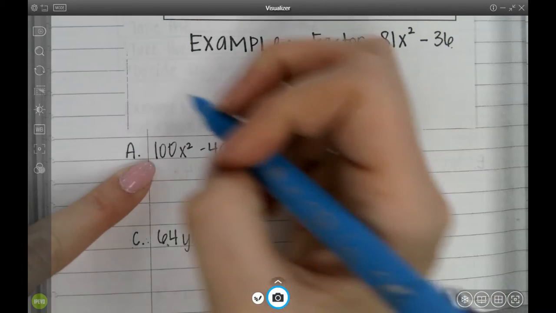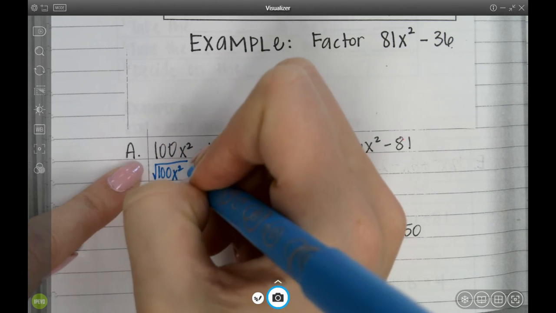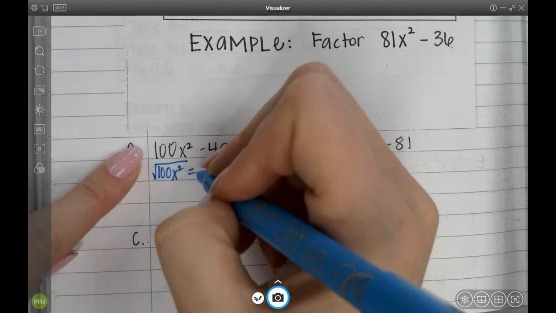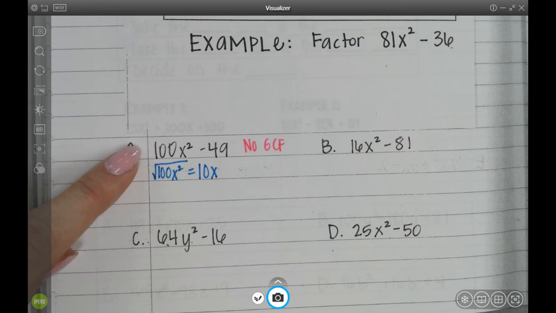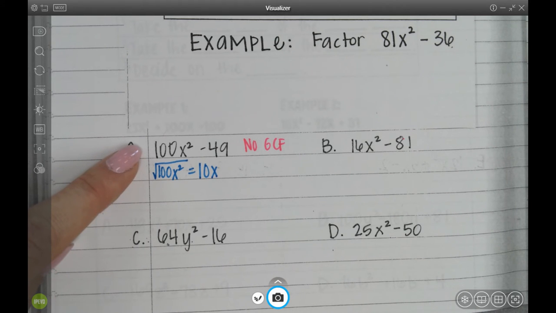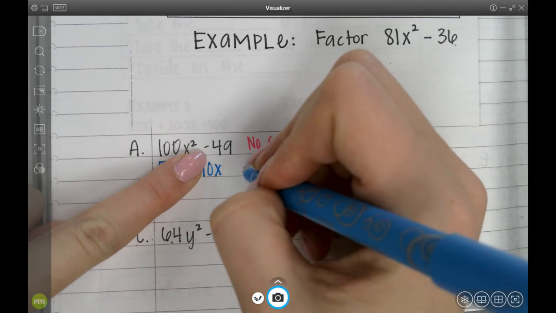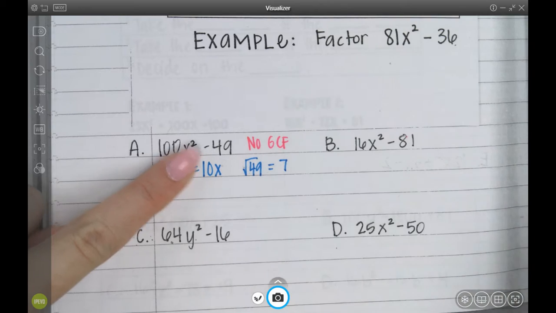So I'm going to take the square root of 100x squared. What's the square root of 100? 10. What's the square root of x squared? X. Then I'm going to take the square root of 49. What is that? 7.